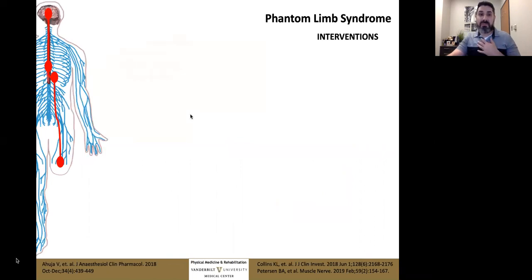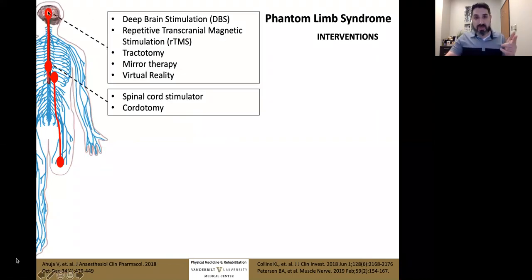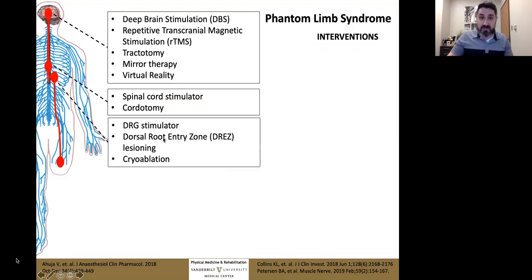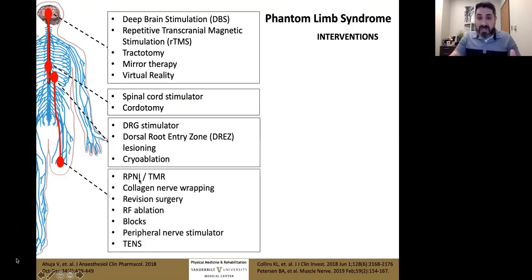Okay, so phantom limb interventions, obviously deep brain stimulation, repetitive transcranial magnetic stimulation, that's more experimental right now. Tractotomy, cutting nerve tracts. Mirror therapy, virtual reality, spinal cord stimulator, cordotomy, again cutting neural tracts in the spinal cord. Dorsal root ganglion stimulator, we'll see one, cryoablation, DREZ lesioning, RPNI, TMR to the resected nerve end, collagen nerve wrapping.